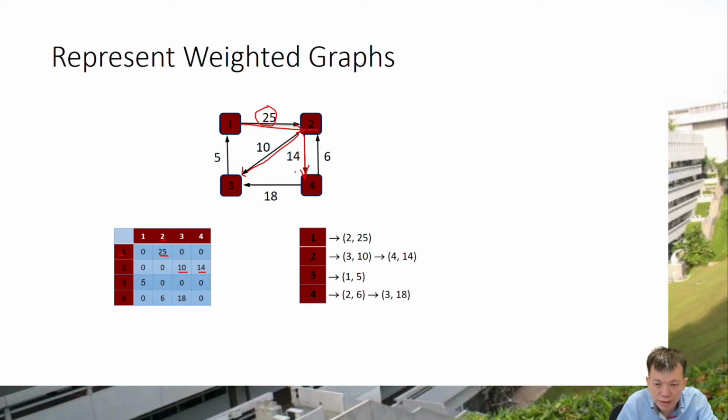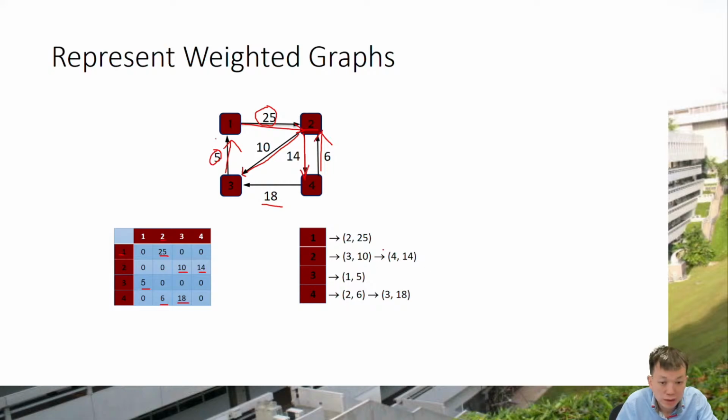Then 3 to 1, the weight is 5. 4 to 2 is 6. 4 to 3 is 18. So this is the adjacency matrix for this particular graph.